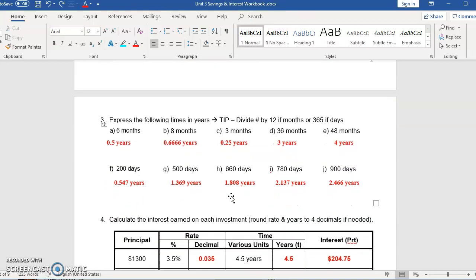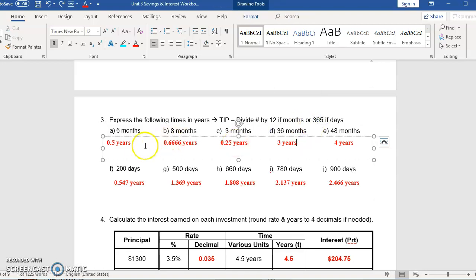It's also important that you realize, because we calculate interest in terms of years, to turn months and days into years. So I put a little tip: divide the number by 12 if it's in months, and 365 if it's in days, right? So 6 months is 0.5 years, 3 months is 0.25 years, 36 months is 3 years, 660 days is 1.808 years, and so on and so forth, right?